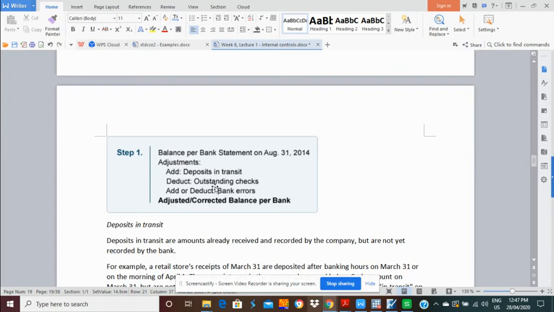Secondly, the checks were already issued and recorded by the company in the books, but the bank has not recorded them yet. So therefore, you must subtract outstanding checks from the balance per bank, and then various errors, but these are the errors made by the bank, and then you will adjust the balance.